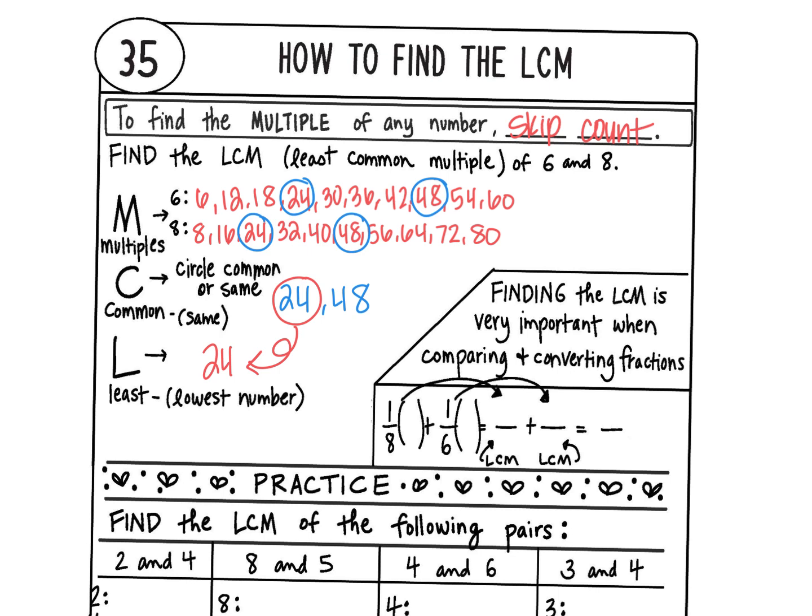So what we're going to do is we are going to first make a little note. I'm going to put a little star, and I'm going to say find the number. I'm going to abbreviate number with the little hashtag symbol. So find the number that will make each denominator the LCM.